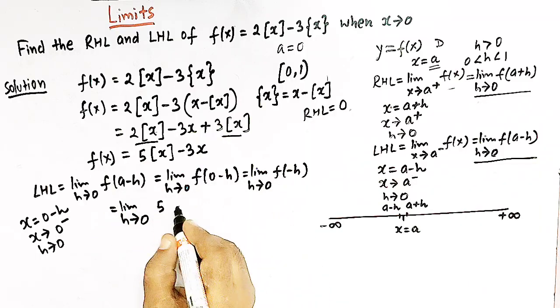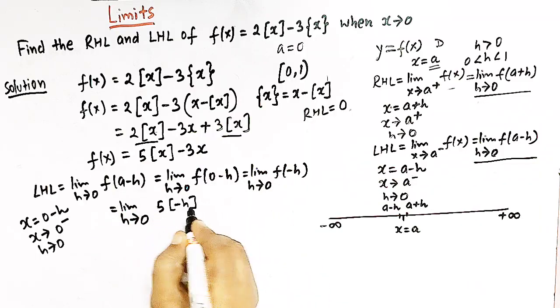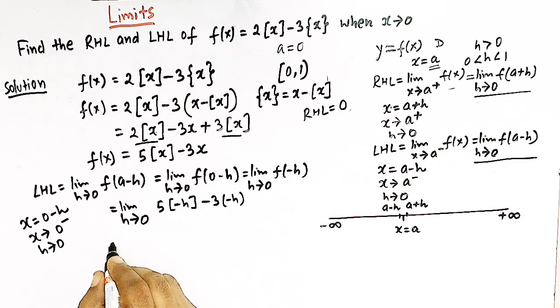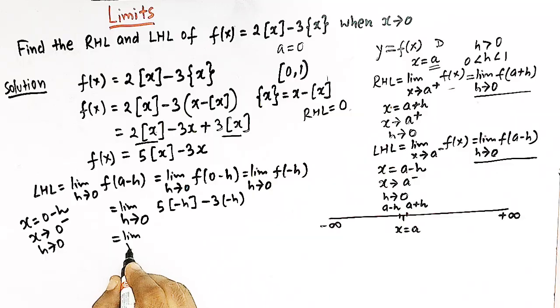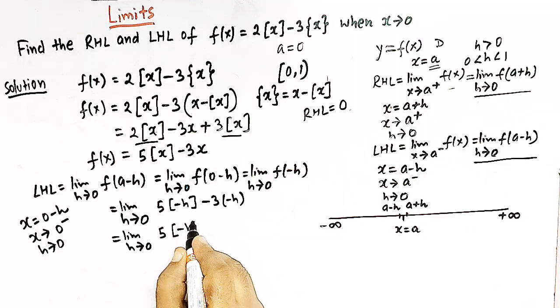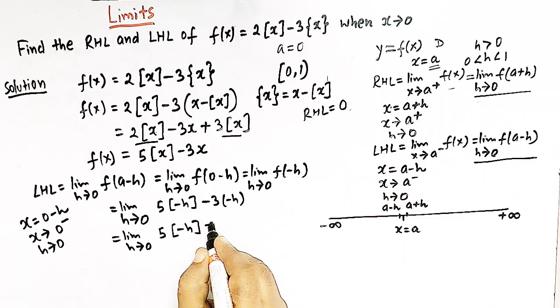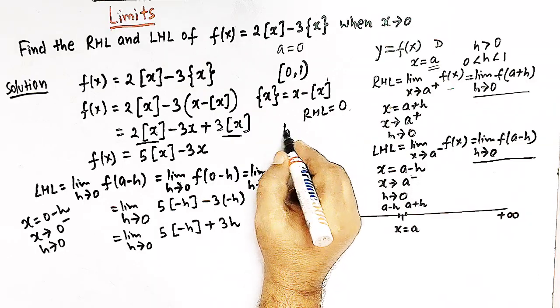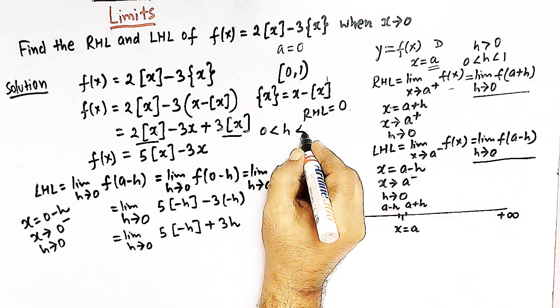So we have 5 times greatest integer of minus h minus 3 times minus h. So we can write limit h tends to 0, 5 times greatest integer of minus h, plus 3h. Now for the greatest integer of minus h, from the inequality h lies between 0 and 1.